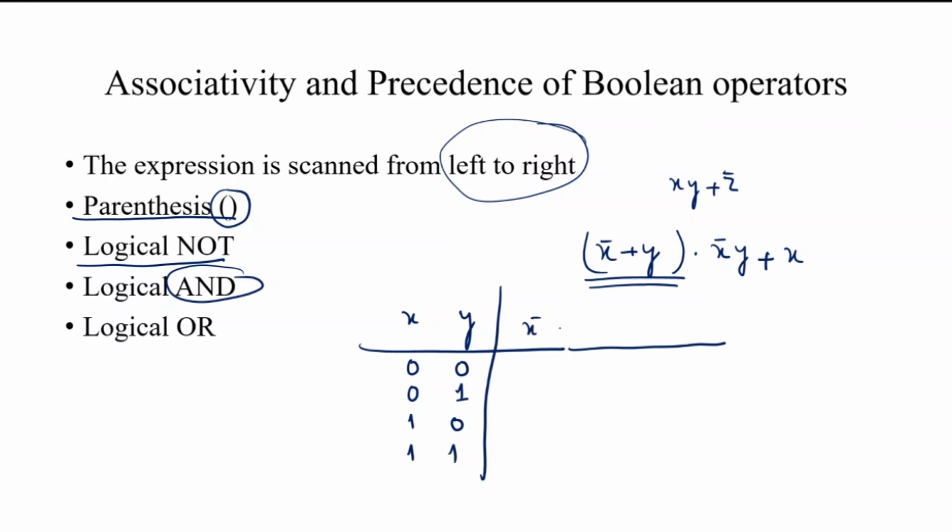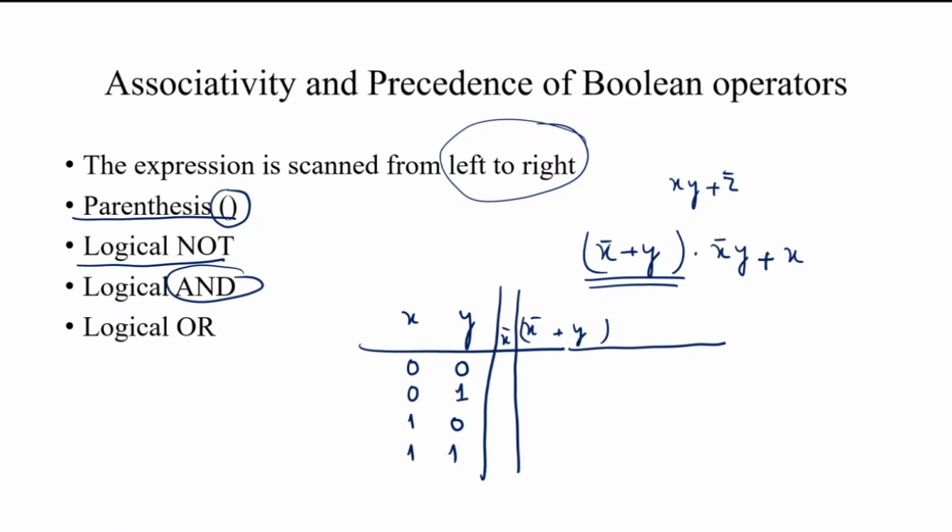Then we first evaluate this expression, x complement plus y. Here we first find x complement, because for evaluating the expression inside this parenthesis, two operands are connected by an OR operator.